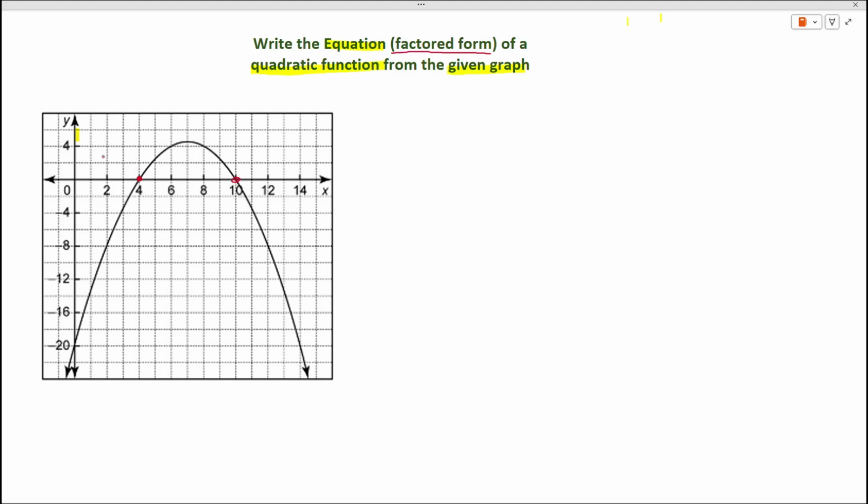So one x-intercept is (4, 0) and the other one is (10, 0). To start with, we know that the factored form of a quadratic function is y = a(x - r)(x - s), where r and s are the x-intercepts.